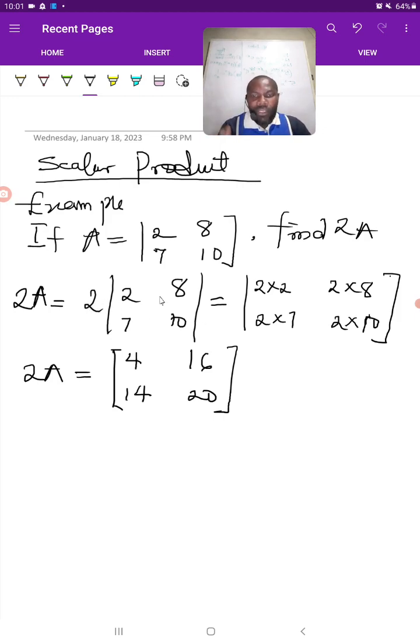Just multiply the 2 with all elements, because every number in a matrix is called an element. So element 4, element 16, element 14, 20. You only use the 2 to multiply all of them. Now I want to solve some examples that are exactly JAMB questions, so you are able to understand how this scalar product works.